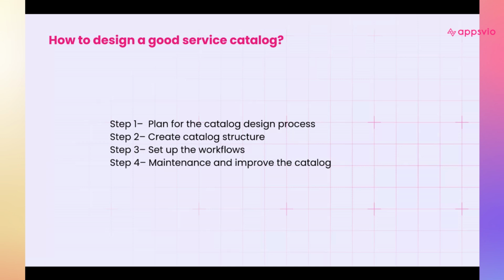And the last step is maintaining and improving the catalog, because the list of services can change over time. Some can be paused, some can be updated or changed. Some new services could be required. So the service catalog could represent the company's operations maturity.